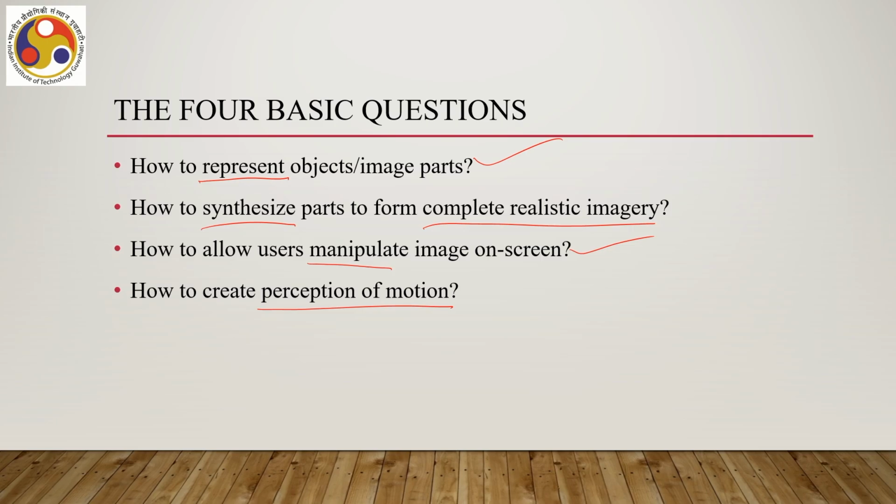Now, among these, the third is related to interactive systems, and the fourth is related to animation. So, here we will be focusing on the first two parts. We will not be focusing on interactive graphic systems or computer animation; those are more involved discussions and conceptually an extension of the basic understanding of how an image, a static image, is rendered.